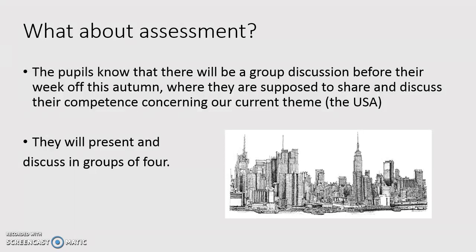And by doing it in a group, they will get the opportunity to speak a lot if they have anything to say. We know that many pupils don't like to do this in full class, so doing it in a group will be good, I think.